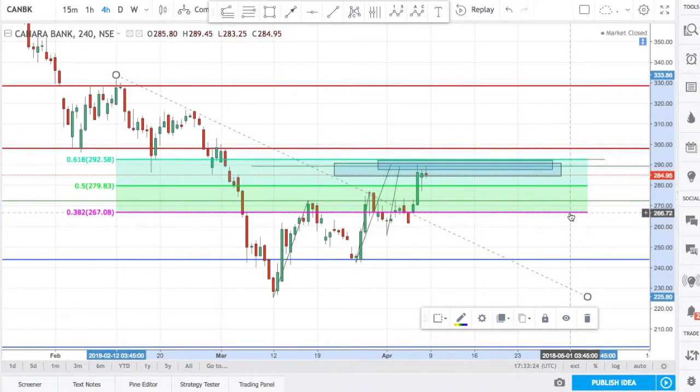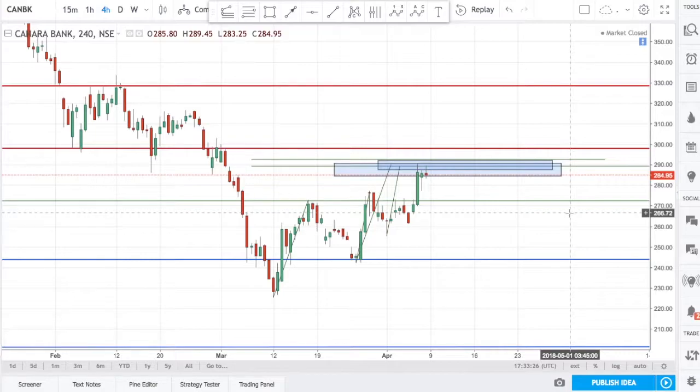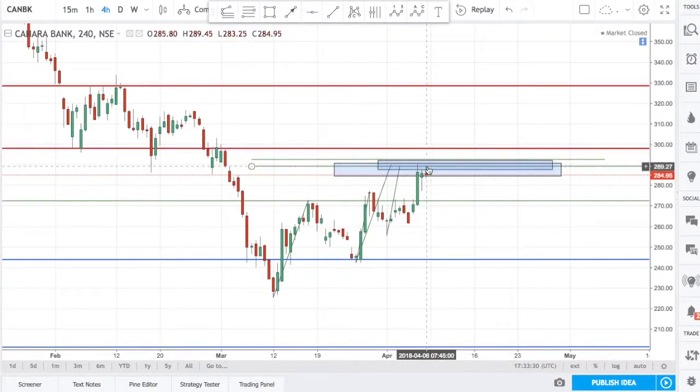Okay. The 0.618 level coincides with the top of a Fibonacci confluence zone.